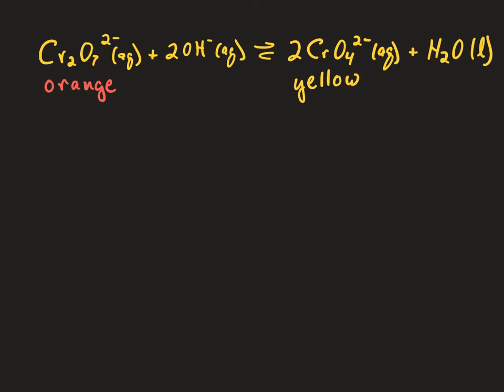Now, here we're going to consider a reaction going on in aqueous solution. We've got the dichromate ion in aqueous solution, which is orange. I didn't have an orange pen, so I had to use red. In the basic solution, the dichromate will react with hydroxide ion to form the chromate ion, which is yellow, plus water.